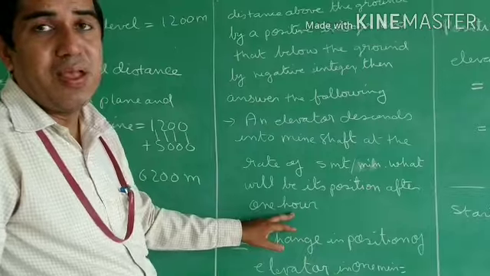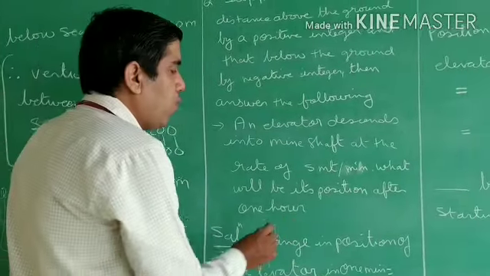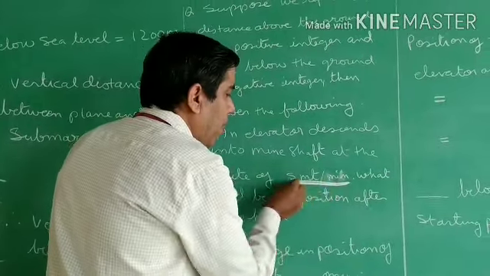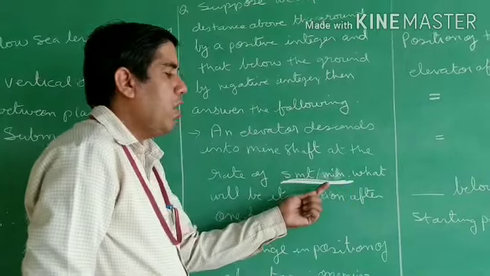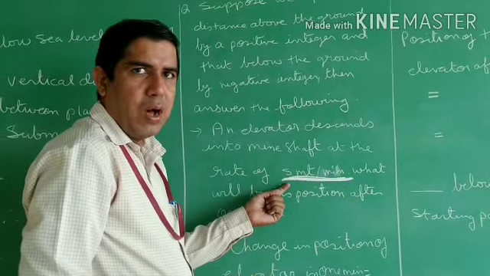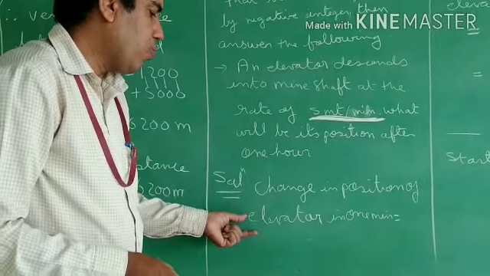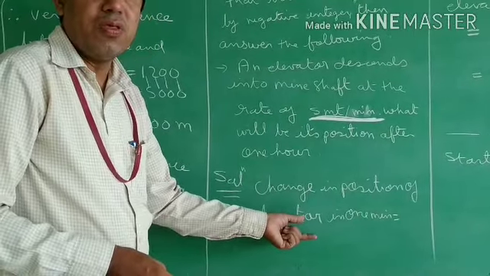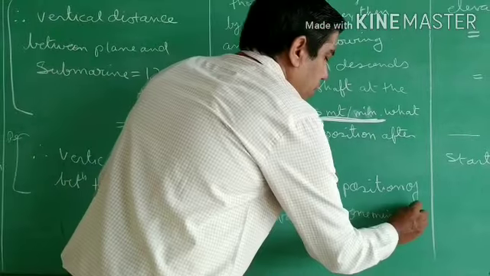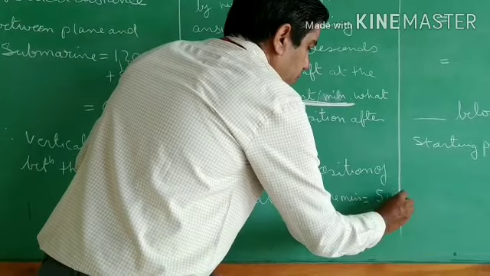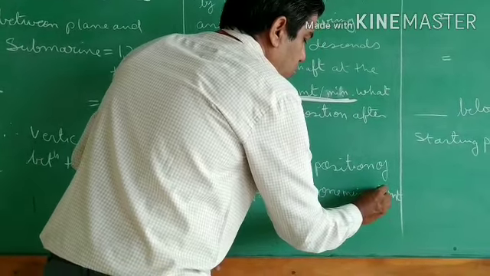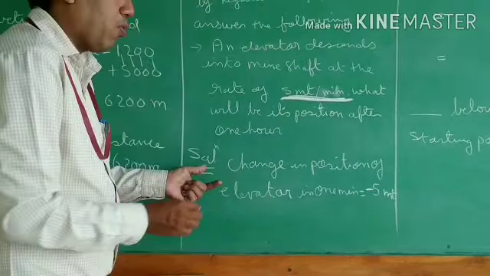Be careful, it is given 5 meters per minute. It means in 1 minute it goes 5 meters down. So see the statement I wrote here: change in position of the elevator in 1 minute is 5 meters, but it is minus 5, I am showing minus because it is coming down.